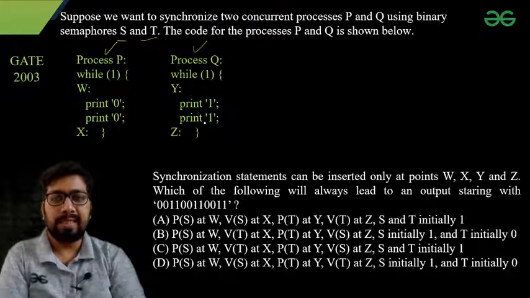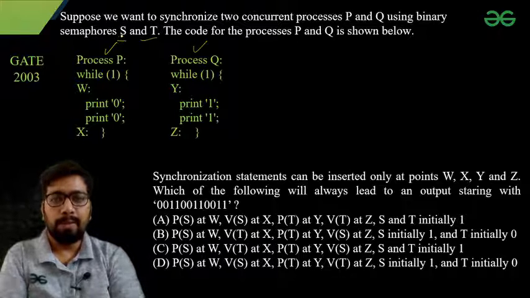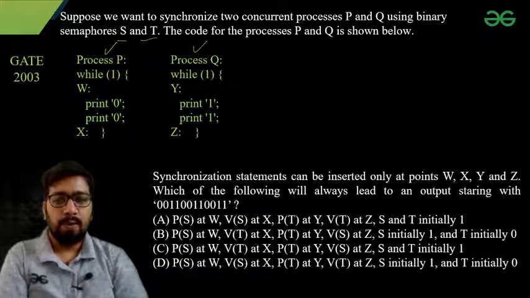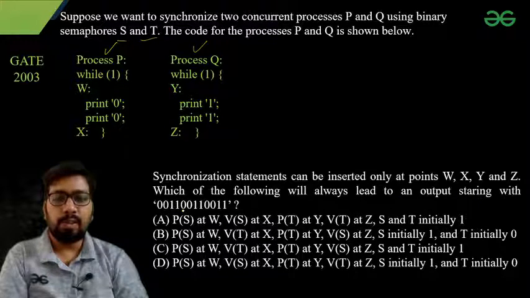So W, X, Y, Z can be wait or signal operations upon the S and T semaphores. Which of the following will lead to an output starting with 0011 0011 0011?